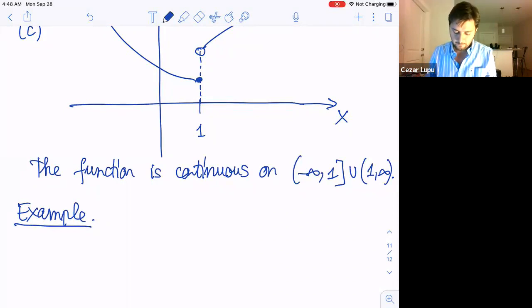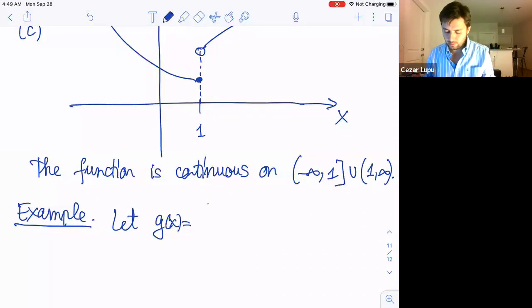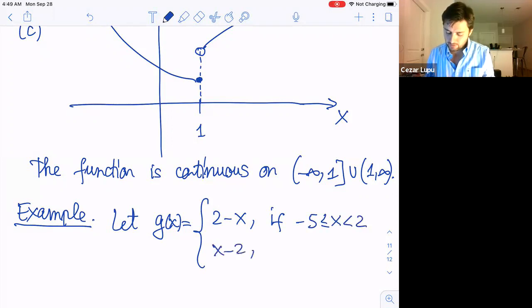Let me consider the following function: g of x is equal to the piecewise function 2 minus x if -5 is less or equal than x and x is strictly less than 2, and x minus 2 if 2 is less or equal than x and x is less or equal than 5.